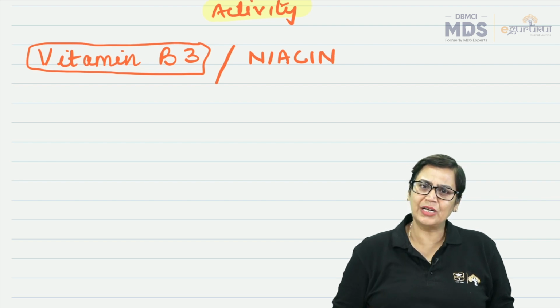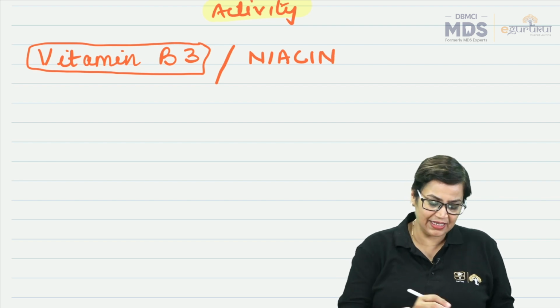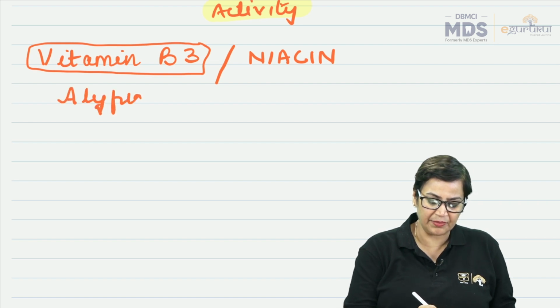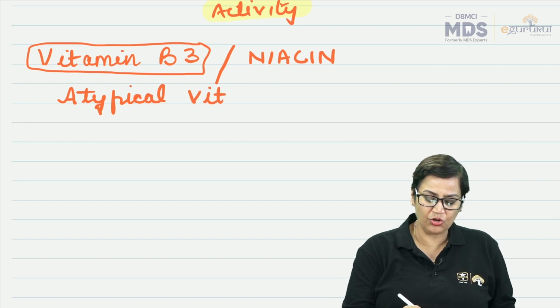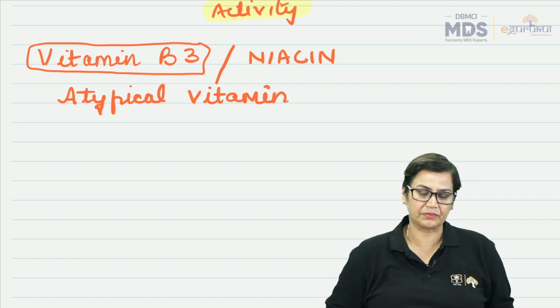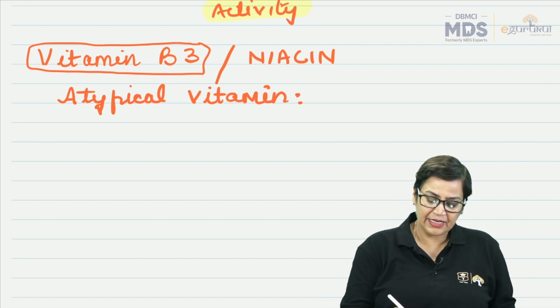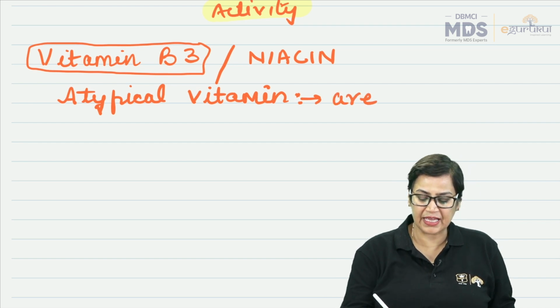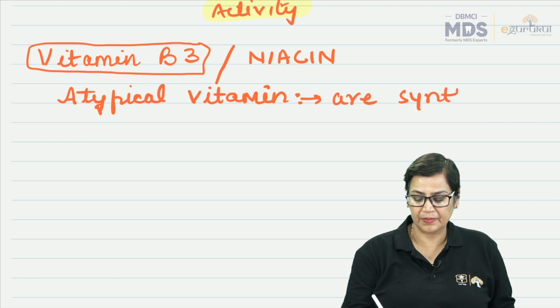And the most important feature about this niacin is that it is an atypical vitamin. Now, what do you mean by the term atypical vitamin? Atypical vitamins are those vitamins which are synthesized in the body.